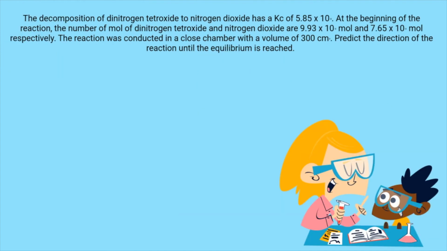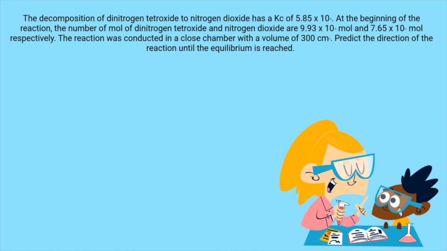Now we have reached the final question for quiz 4, question number 6. The decomposition of dinitrogen tetroxide to nitrogen dioxide has a Kc of 5.85 times 10 to the power of negative 3.